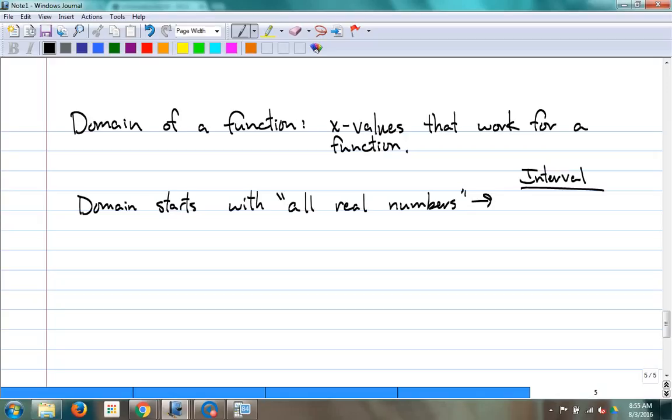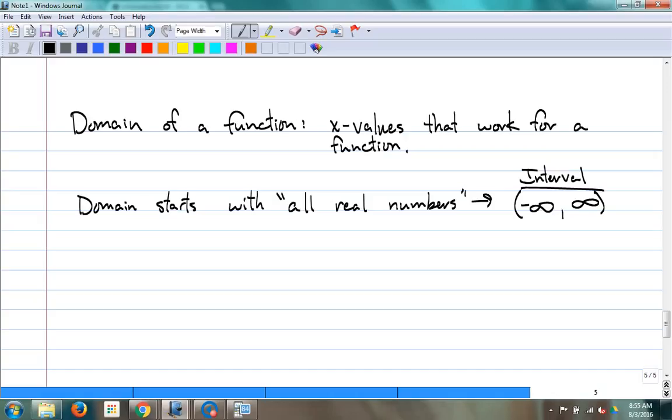The interval notation that goes with all real numbers is negative infinity to positive infinity. And we know what the infinity sign looks like. Probably know someone who has that as a tattoo. Okay? It's kind of trendy right now. Okay? So negative infinity to positive infinity is the interval notation for all real numbers.